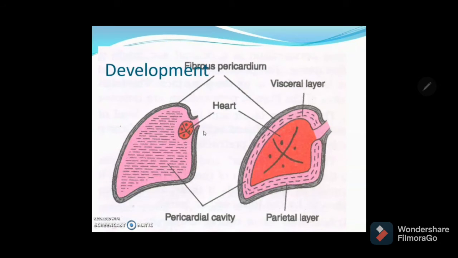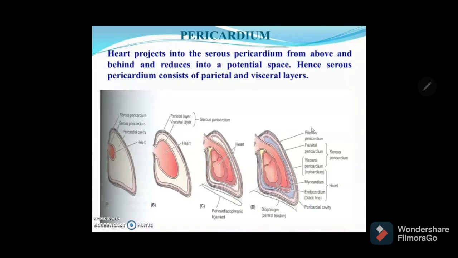You can see during development the heart projects into the fibrous pericardium, and inside there is a balloon shaped serous pericardium. The fibrous pericardium is open here, whereas this is the serous pericardium. The heart reduces it into a two-layered cavity having an outer parietal layer and an inner visceral layer.